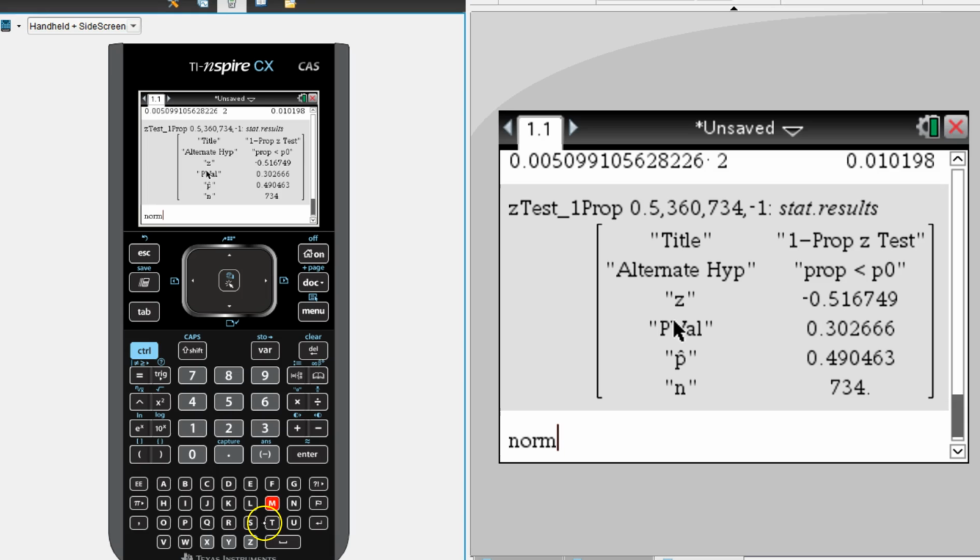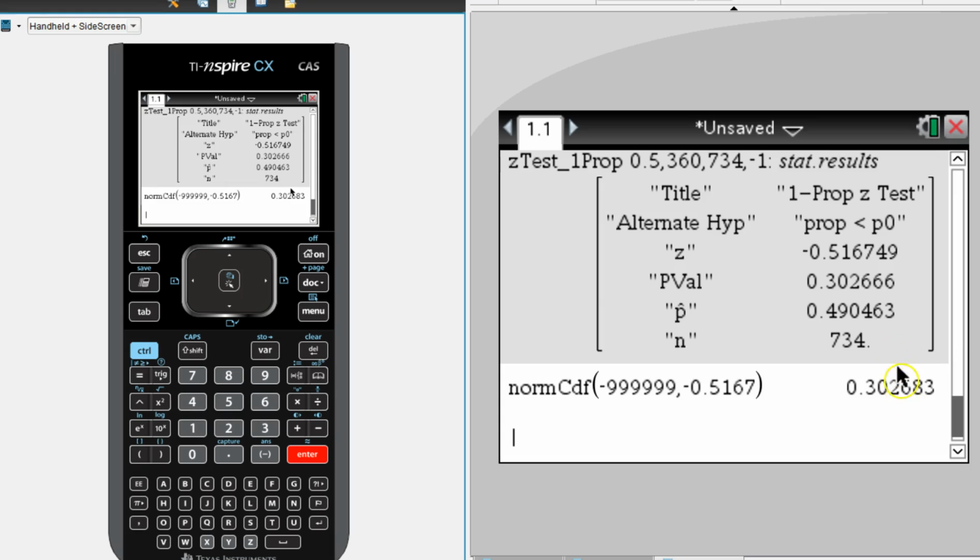Norm CDF, negative infinity, negative 0.52, well, 0.3015, I'll keep it as exact, matches that p-value. Left tail test, that's what we do.